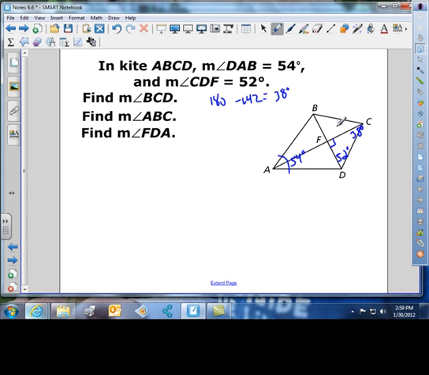Now that means we can conclude that this angle right here, BCF, is also 38 degrees. So since we know that, we can add these two together, and the measure of angle BCD is 76 degrees. Now for the measure of angle ABC, this angle right here does cut this angle in half.